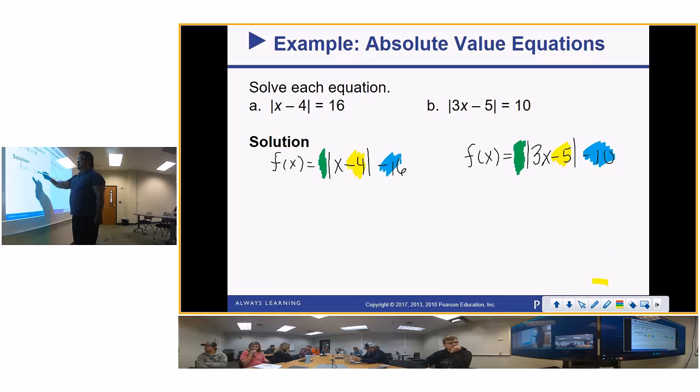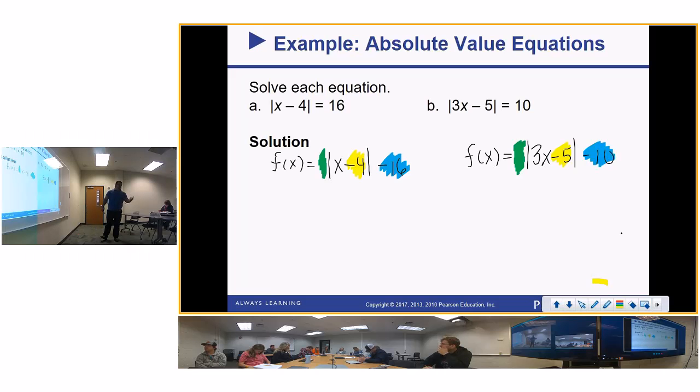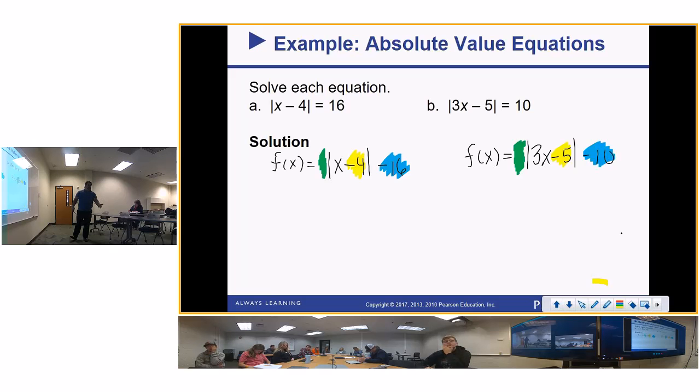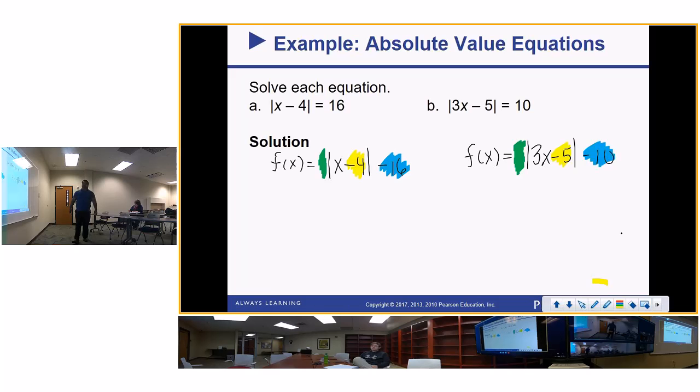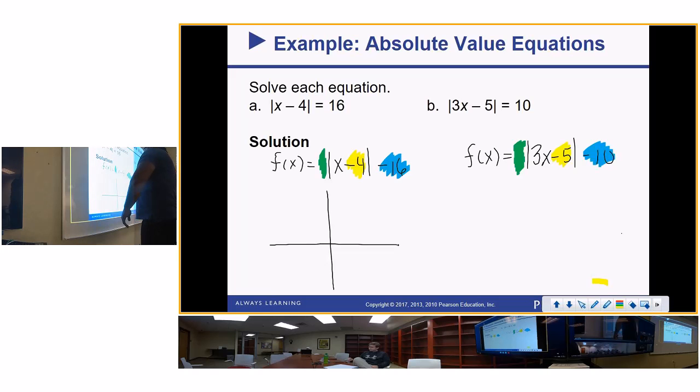Why did I highlight those? Because that's your orientation, your horizontal shift, and your vertical shift. And you've got your family of graphs to tell you what absolute value looks like.